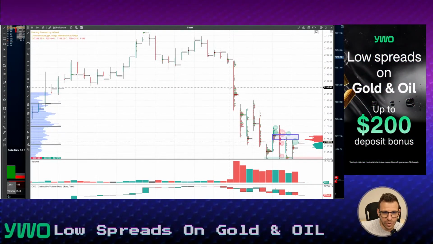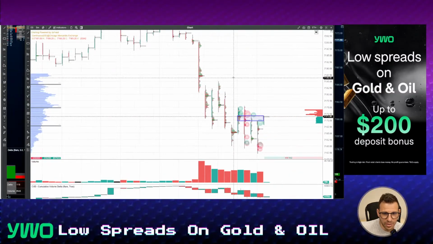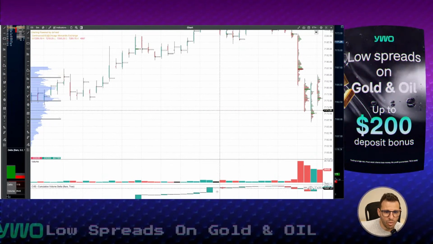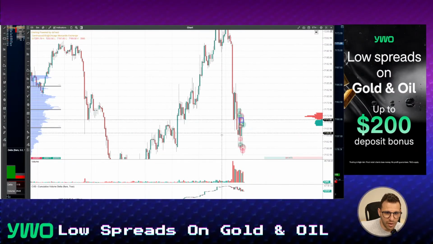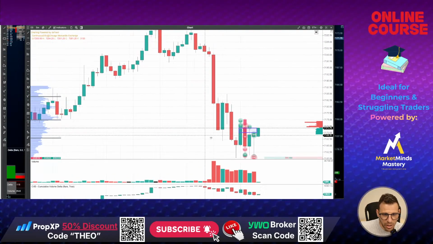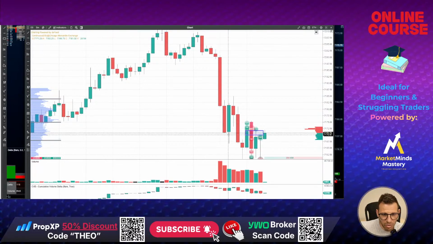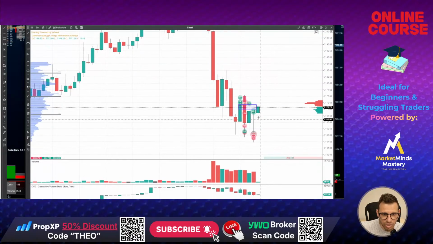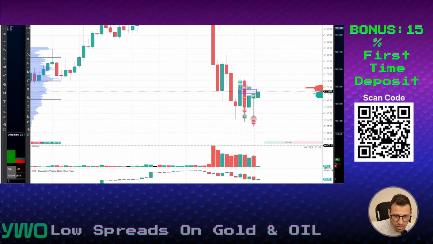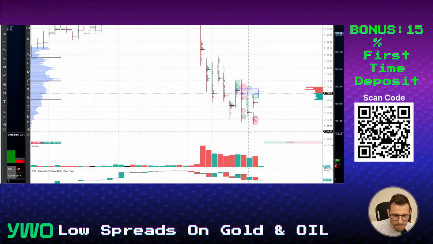After we saw at the open all this move to the downside, it broke below this upward trend line here on the 5-minute chart, and on the retracement here I went short with a tight stop loss. For me, that was a good one.